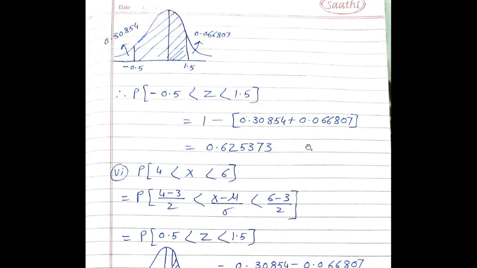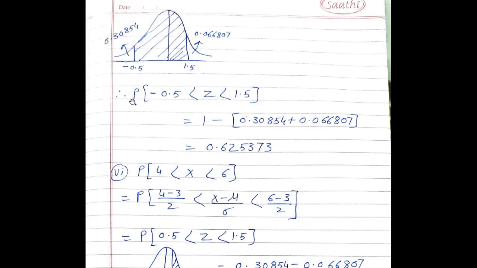So draw the curve. Minus 0.5 will come on the left hand side, and we know that if I see 0.5 in the 0 column, the probability which I am going to get is nothing but the tail part. So this part is 0.30854, and for 1.5 in the 0 column, the value is 0.066807. Both the values I don't want. I want the middle portion.